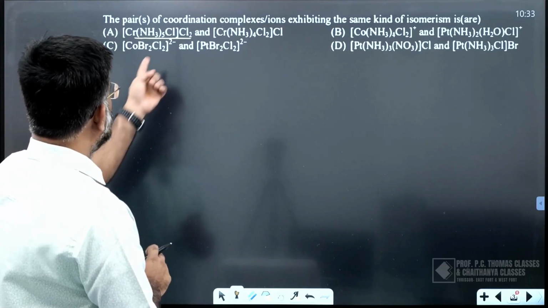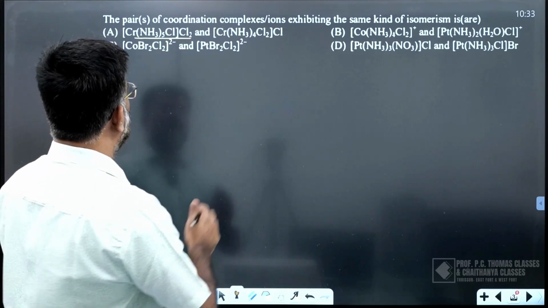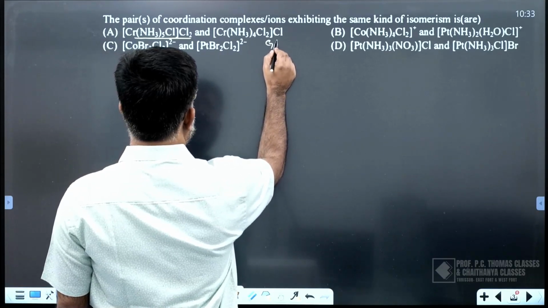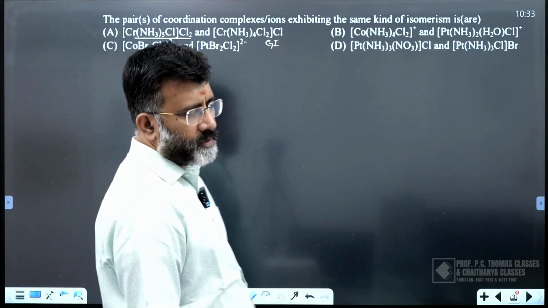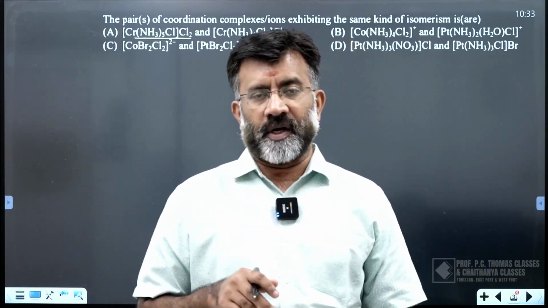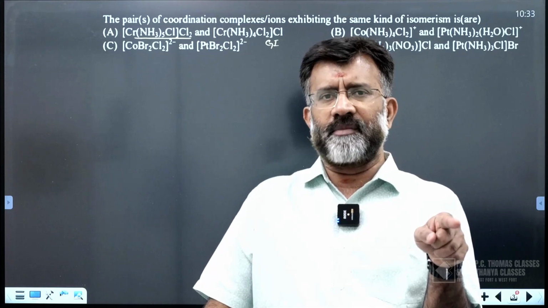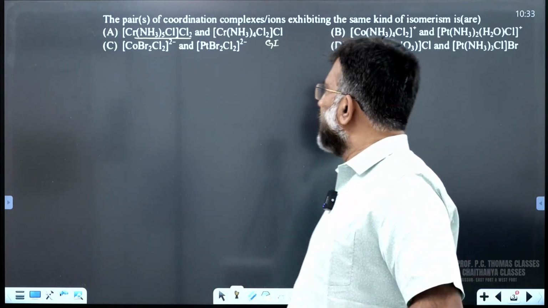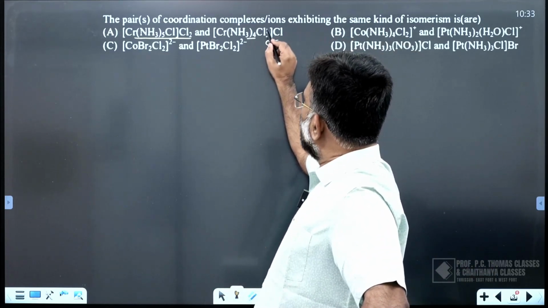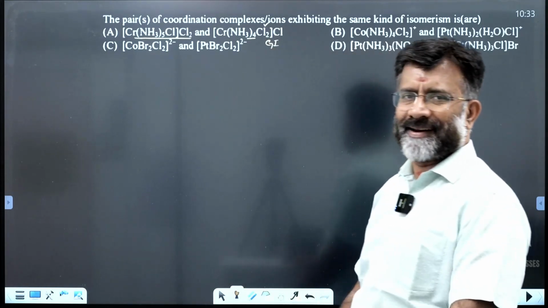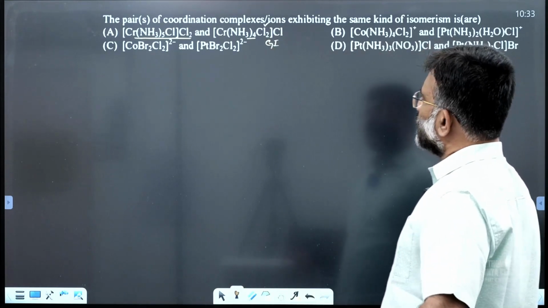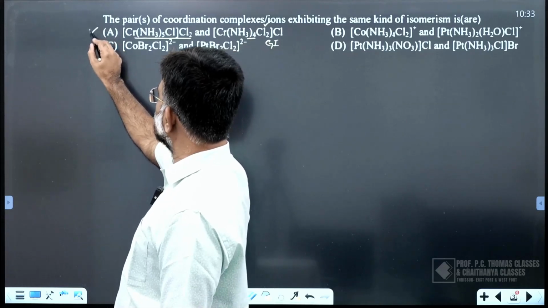While in the second compound, you have geometrical isomerism, as it is 4 ammonia and 2 chlorine, right? So option A is not the answer.